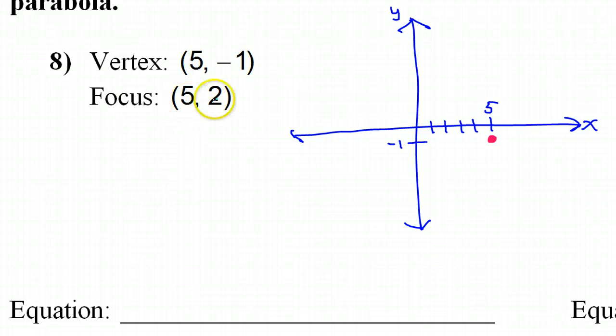Our focus is at 5, comma, 2. Okay, so this is at 5, and then so 1, 2. Okay, that tells us a bunch of things.